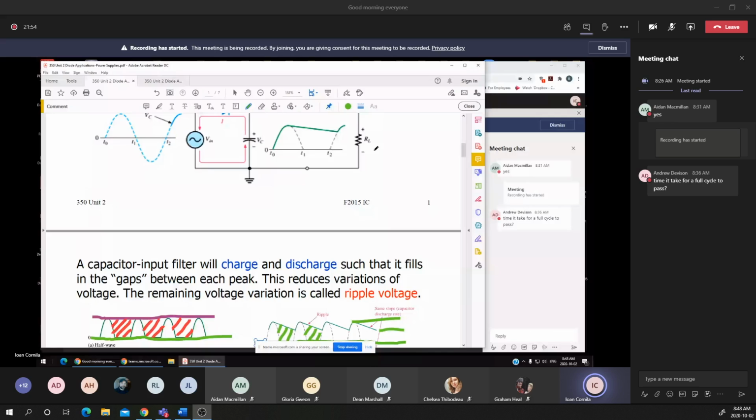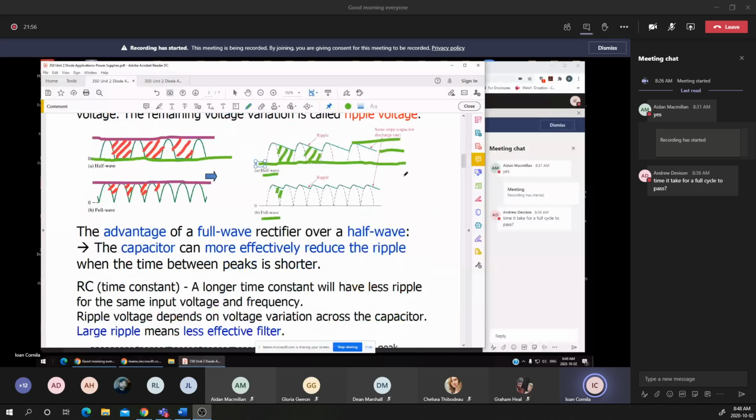Now, for the same RC type circuit connected to a half wave rectifier or across a full wave rectifier, again the assumption is the same resistor, the same load, the same capacitor, for the same voltage, you notice that the filter for the full wave rectifier is more effective.